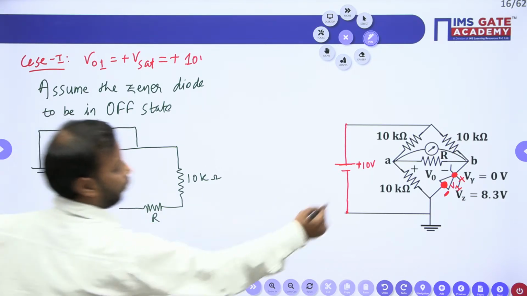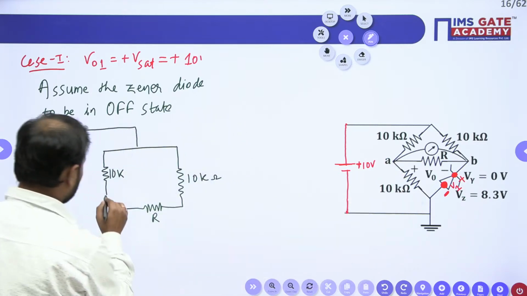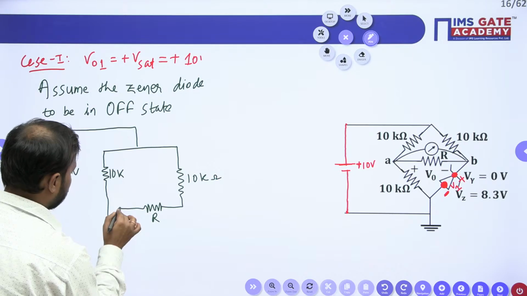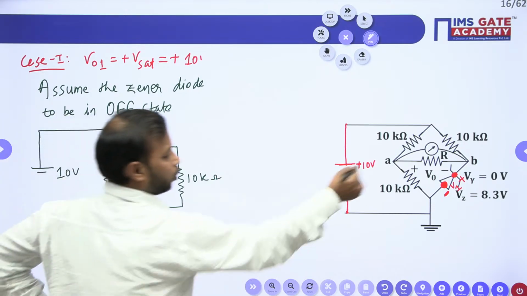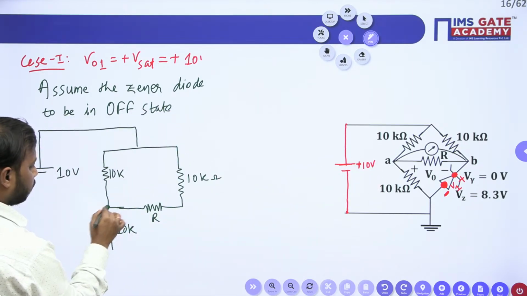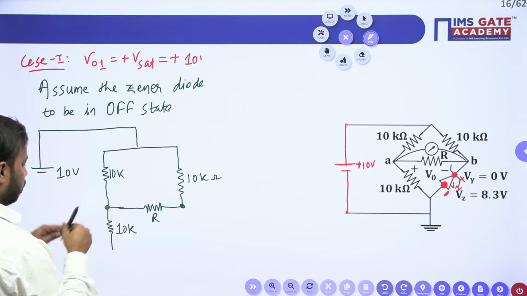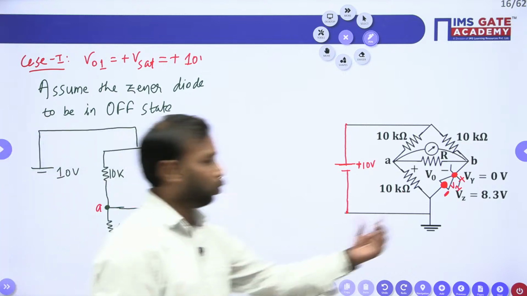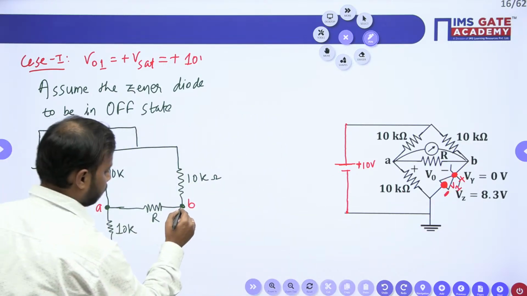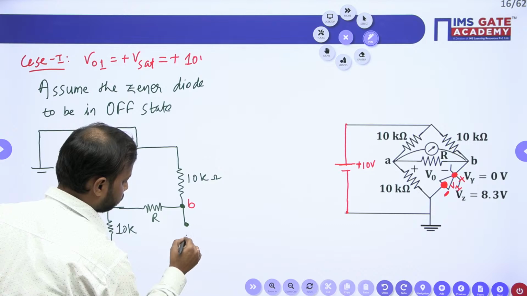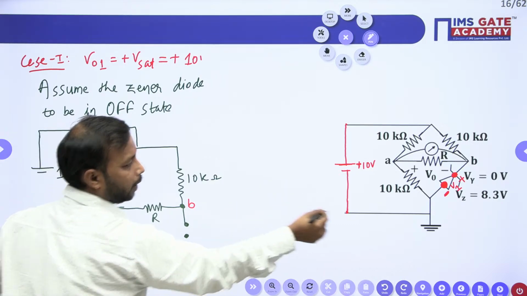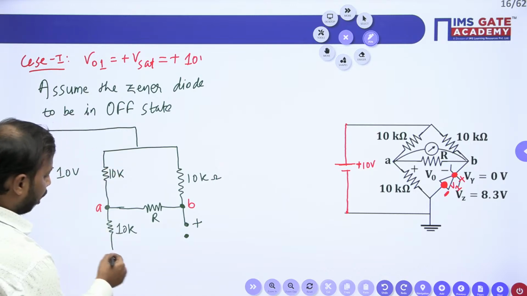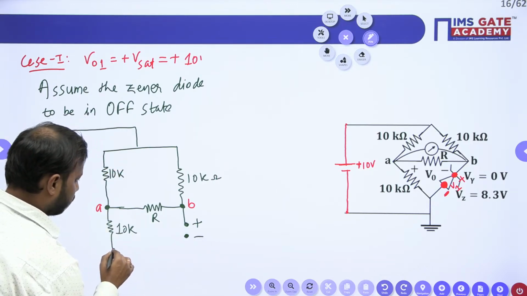All right. Now after that, this 10 will come. So this point is A, and this point is B, and this is open. B I have taken positive, and this grounded part I have taken negative.